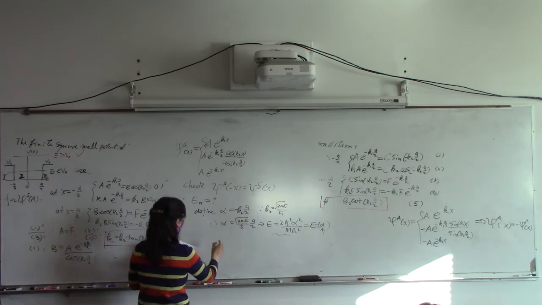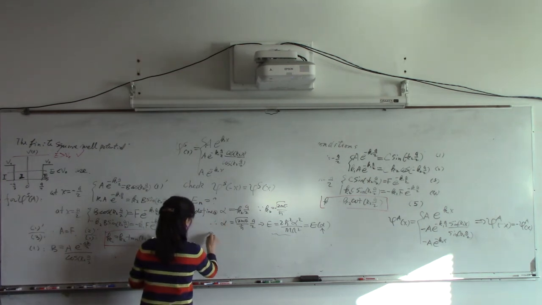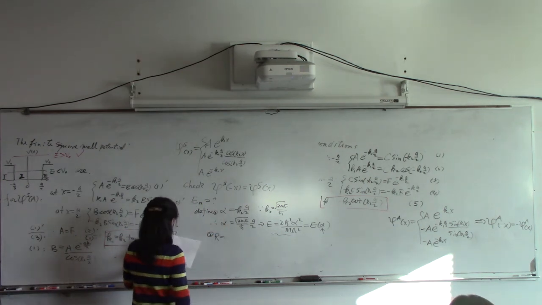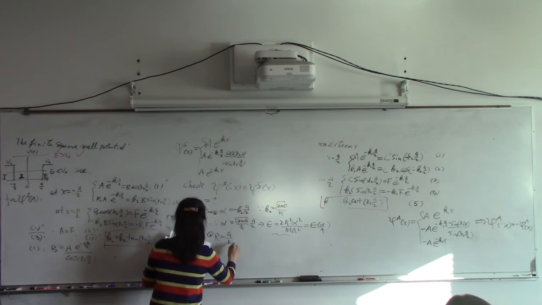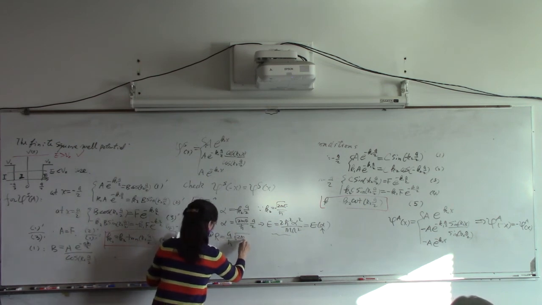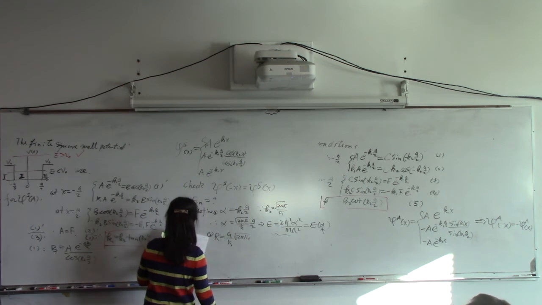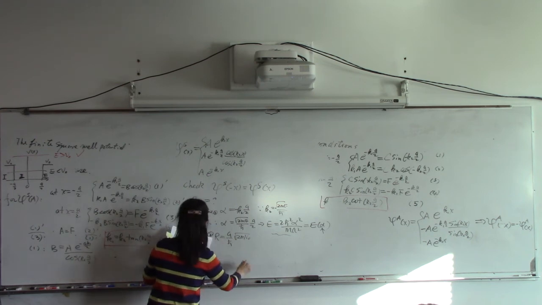So this is the next job, we are going to find alpha. Then this is the first one defined. Second one, we introduce R, which is a over h bar times square root of 2mV naught.